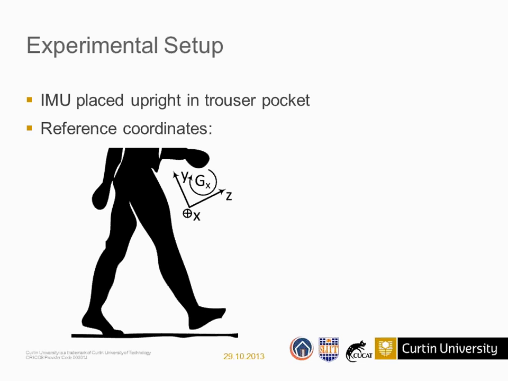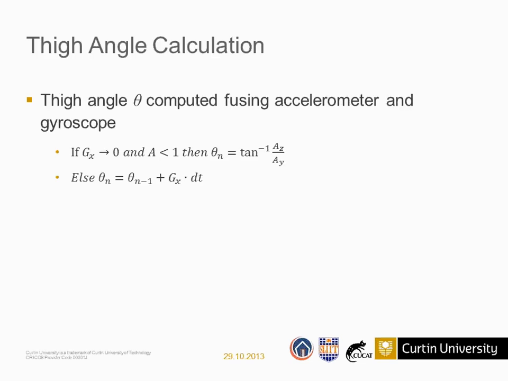That means the gyroscope x-axis reads the swing of the thigh. We did that because we wanted a minimum amount of computation to be done.